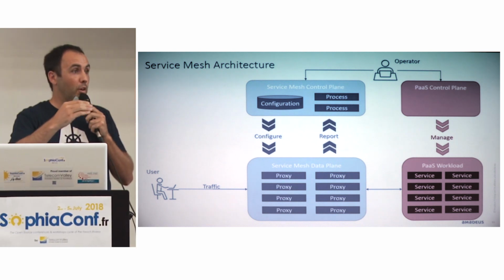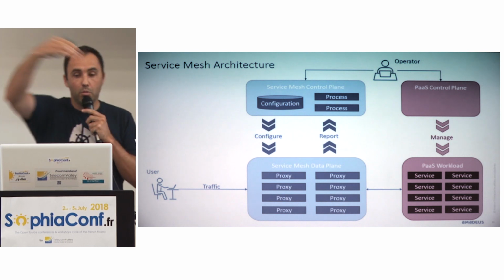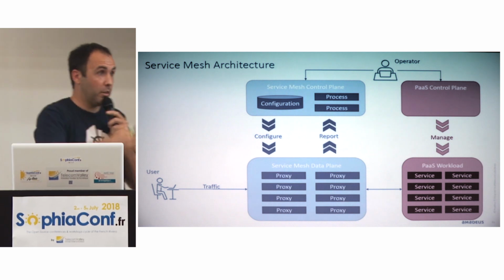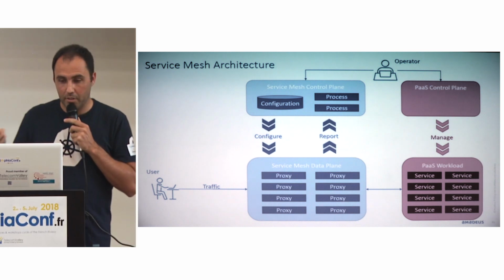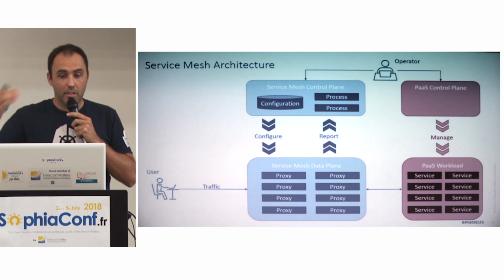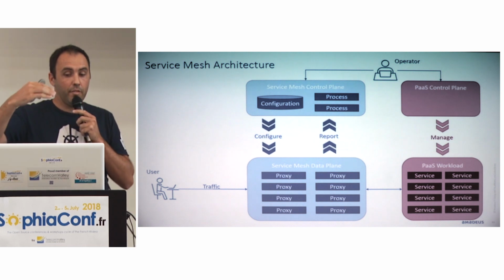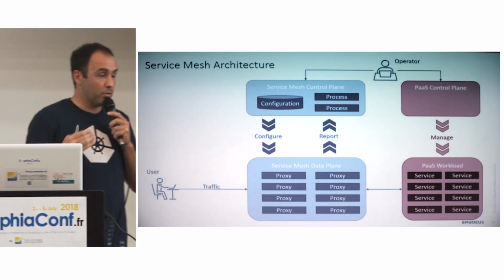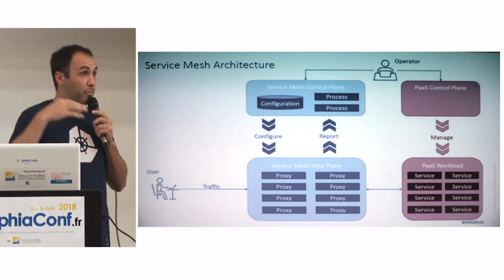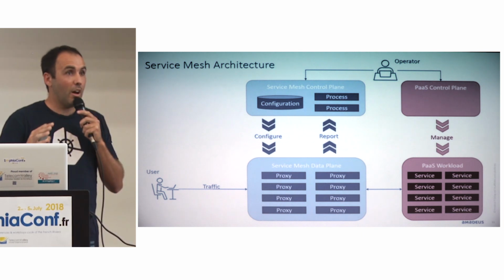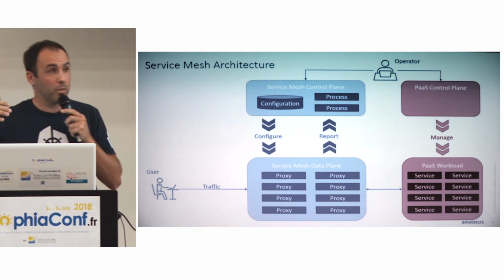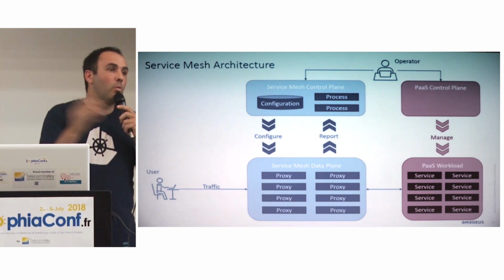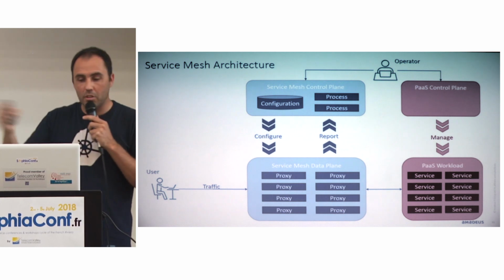It's also made of a control plane, like the kube master, but here it would be, for example, Istio master processes, that will host a configuration for the routing. And next to this control plane, we have the data plane. This data plane, which is configured by the control plane, is made of a set of proxies. These proxies are distributed in your system automatically. I said it earlier, it's transparent for your application. And they won't be distributed the same way depending on whether you're using Istio or Linkerd.